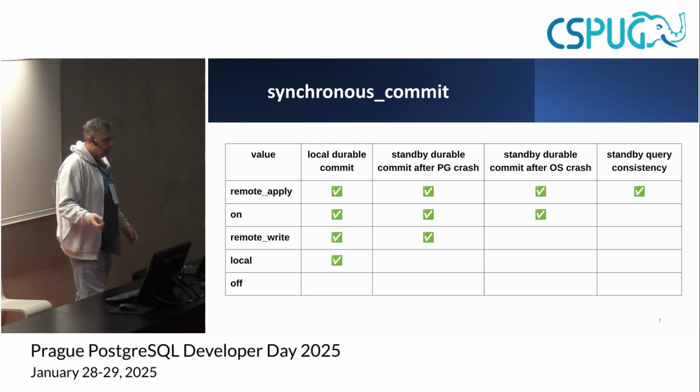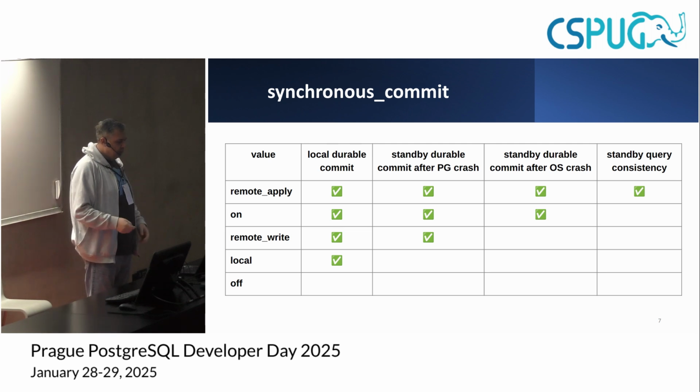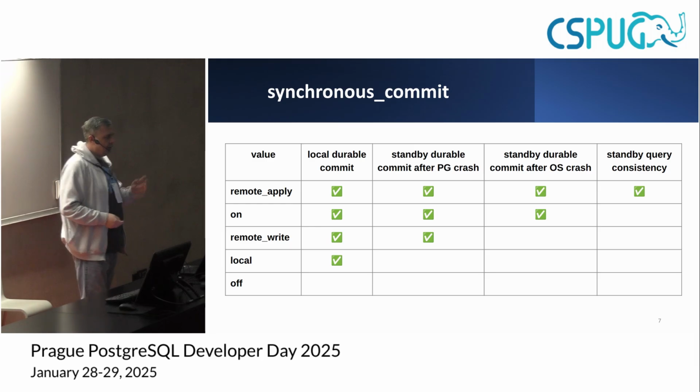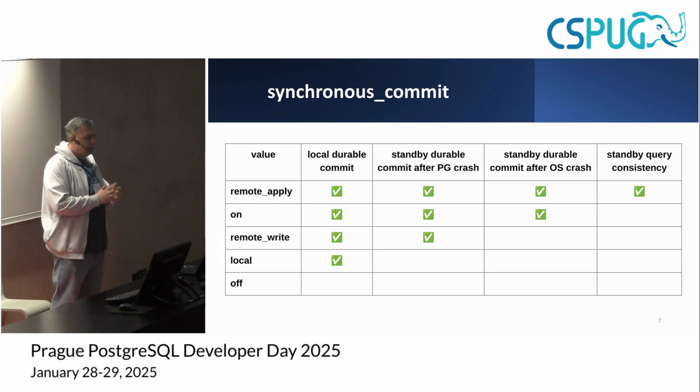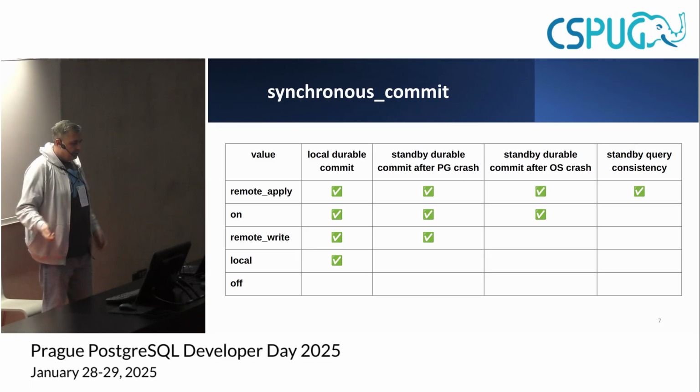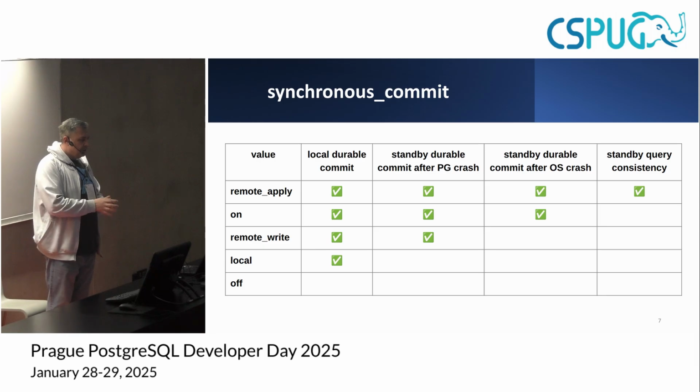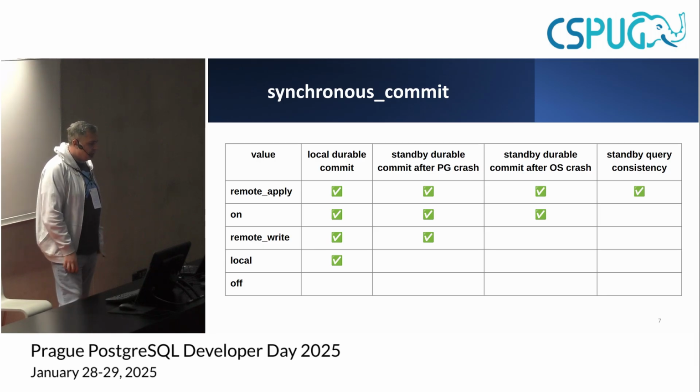If you set it to local, it will write it to disk, flush, and only after that will the client be notified that your data is committed. And if Postgres crashes, you will be able to successfully replay the write-ahead log, and you will still see this transaction as successfully committed.